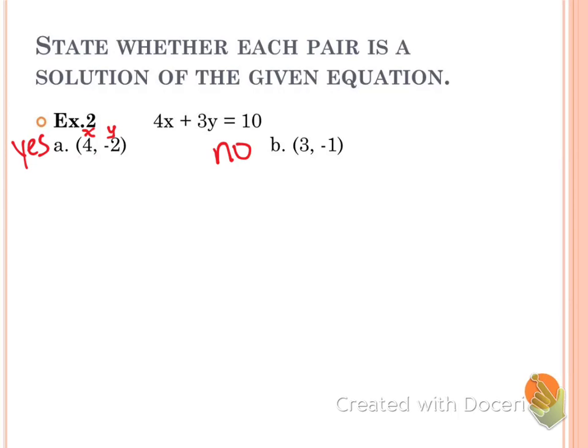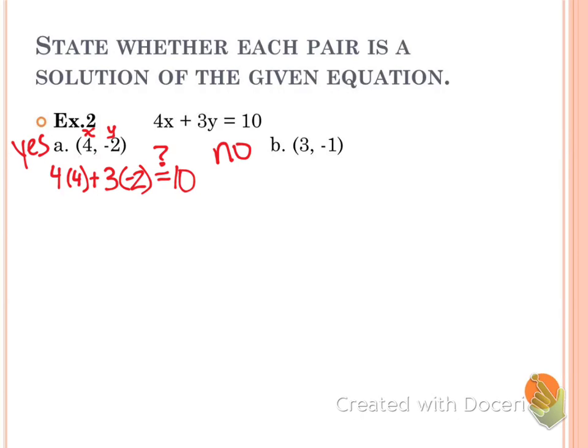I rewrite the whole equation, but instead of an x, I put a 4, and instead of a y, a -2. So we have 4 times 4 plus 3 times -2. We're wondering if that will come out to equal 10.